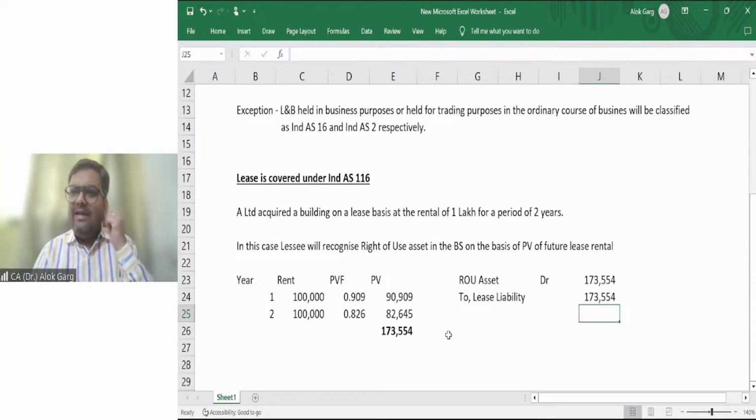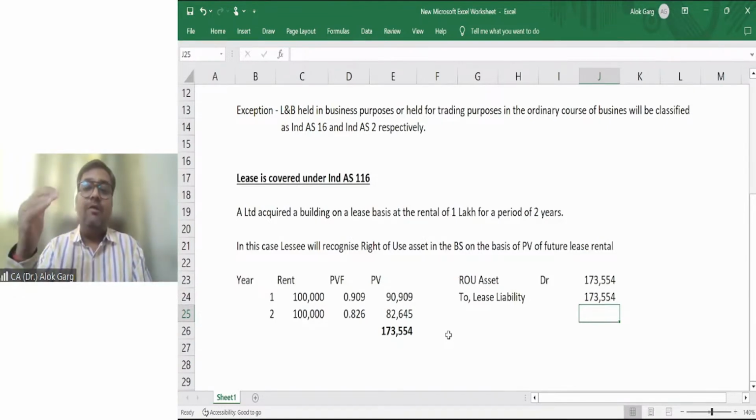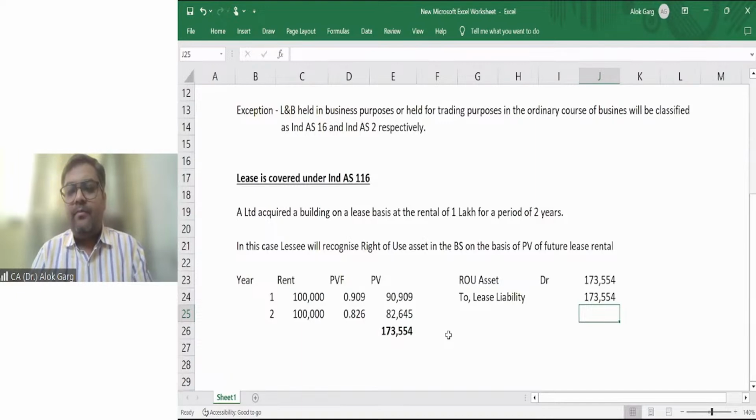Or a lessee who has taken an asset on a lease basis, but that lessee is using that leasehold premises for the purpose of business, for its office purposes, running its shop, running its office. In that case, the ROU will be classified as a PPE. Understood?